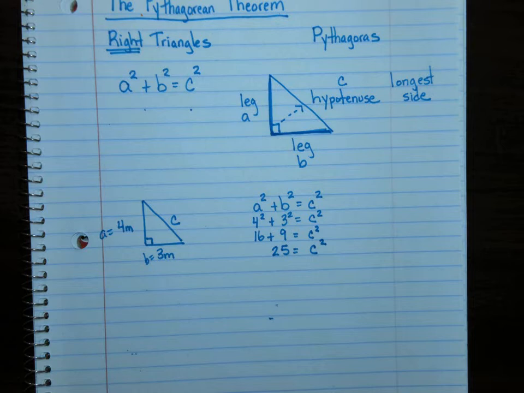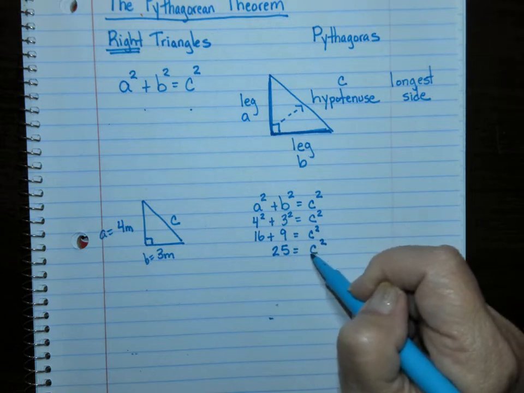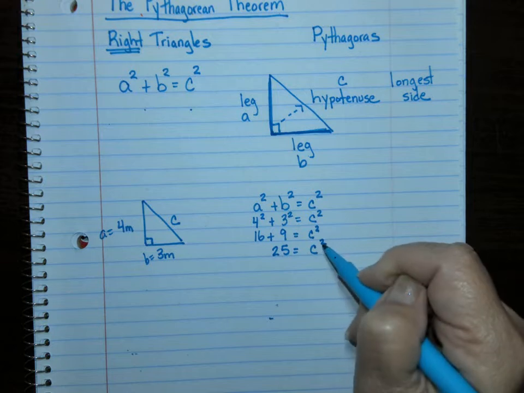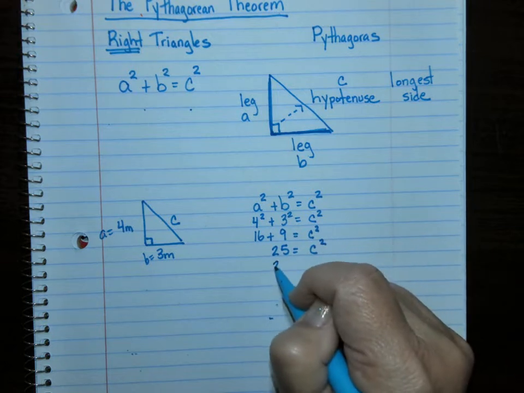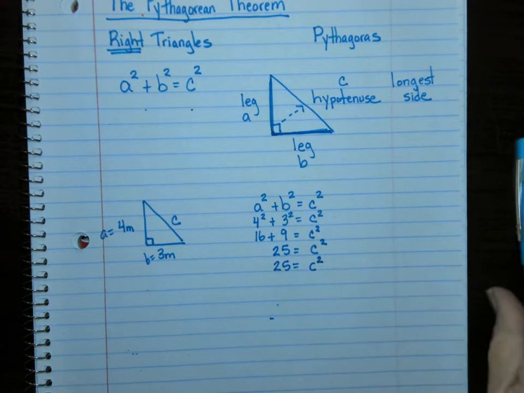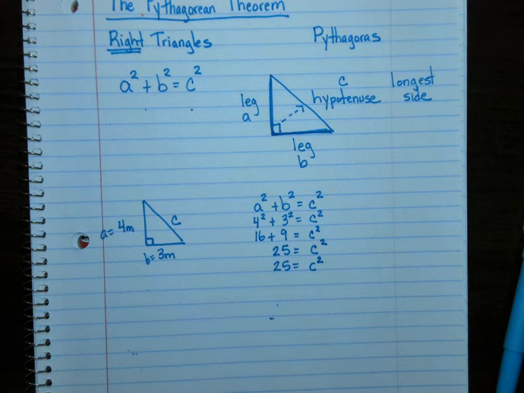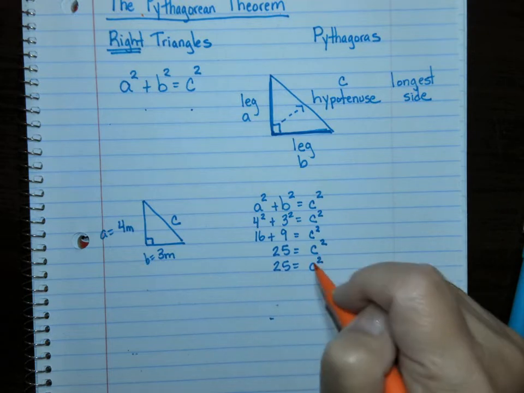And this is the spot that a lot of people get stuck on right here. So we don't want to know what c squared is. We want to know just c, just by itself. So we have to undo squaring. So the way that we undo squaring is with a square root. And remember, on equations, whatever you do on one side, you have to do on the other side.